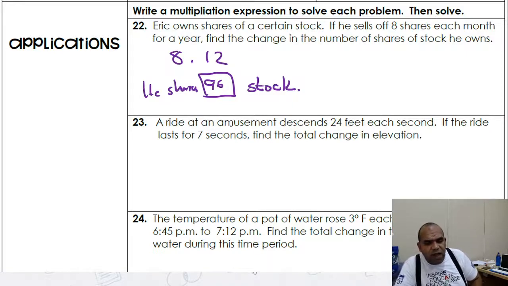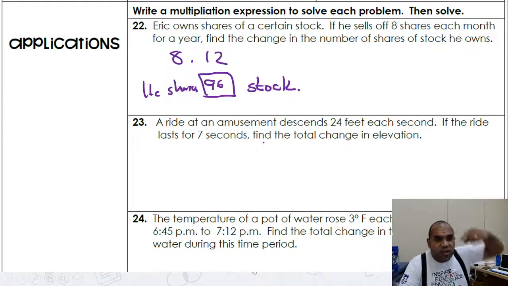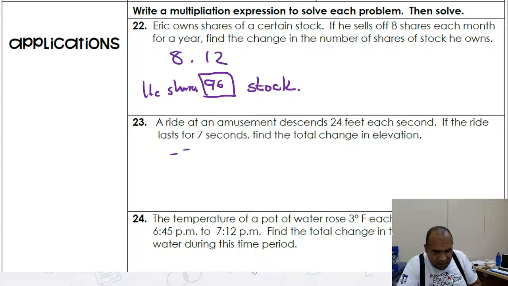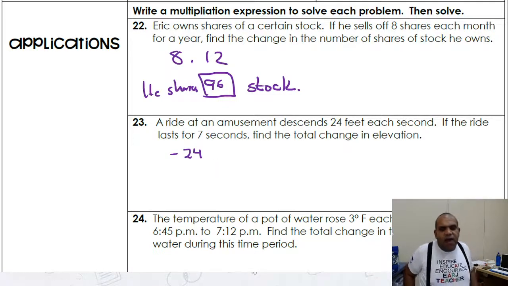Here the next one. A ride at an amusement park descends 24 feet each second. I descend 24 feet. Negative 24. If the ride lasts for 7 seconds, find the total change in elevation. 24 times 7.